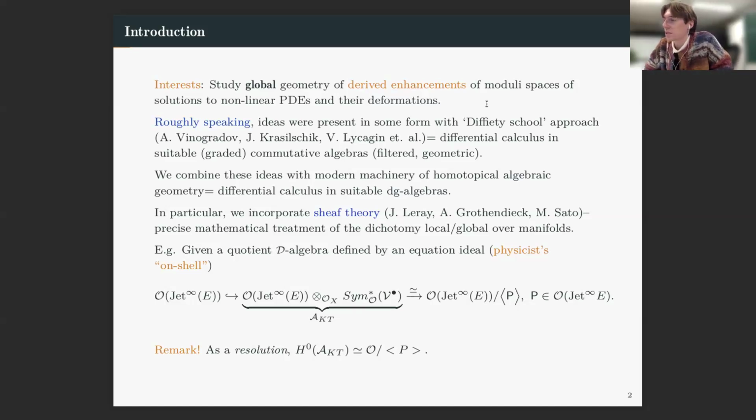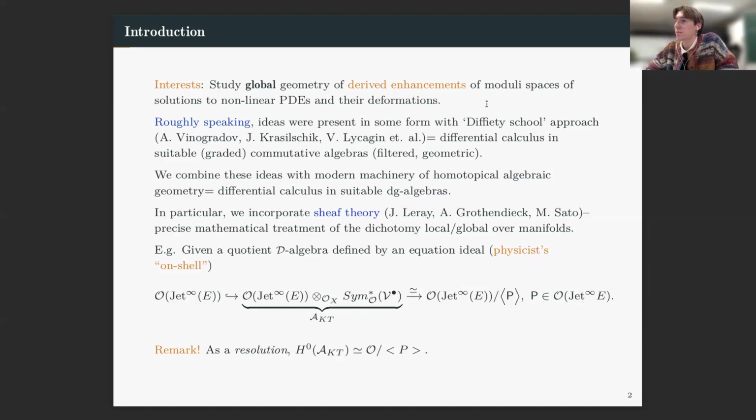And I think over the course of this talk, I'll try to truly convey what I mean by global. I think it is one of the most important adjectives here to emphasize, and singular in certain instances, as we'll see. So it's really based on this jet bundle approach and studying the formal integrability of these PDEs.